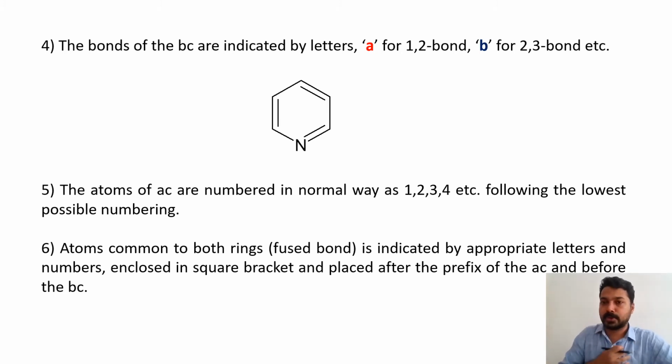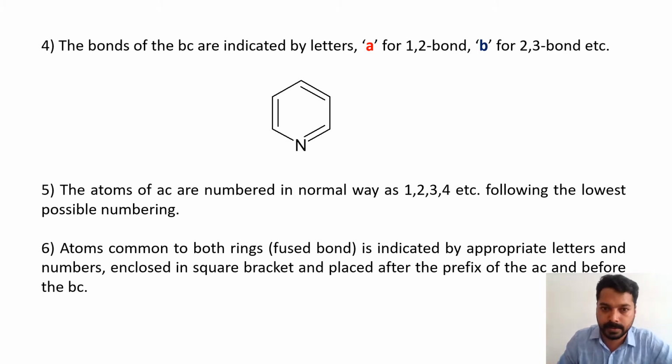Now, another important thing: after the selection of BC and AC, the next point is that the bonds of the BC are given alphabets. For example, I can say here this is 1, the bond 1 will be this one.